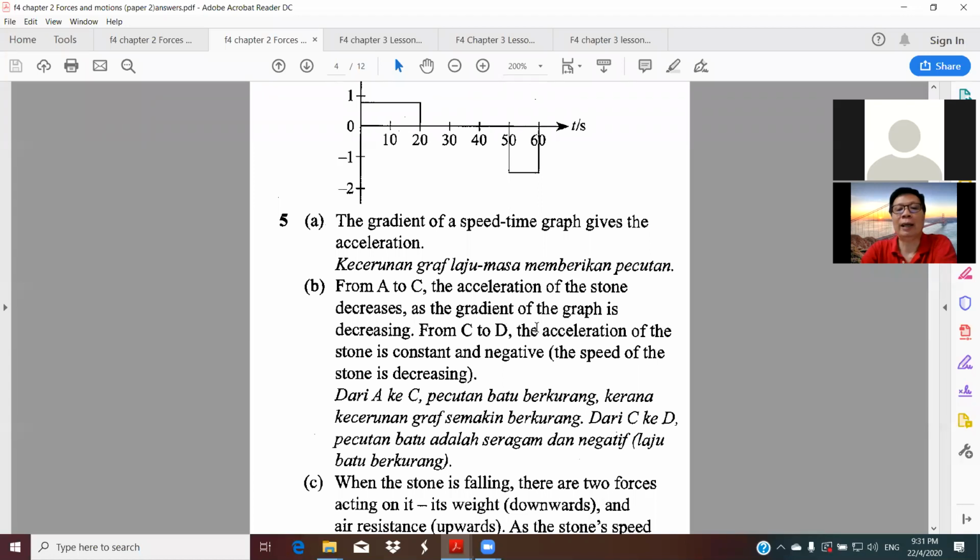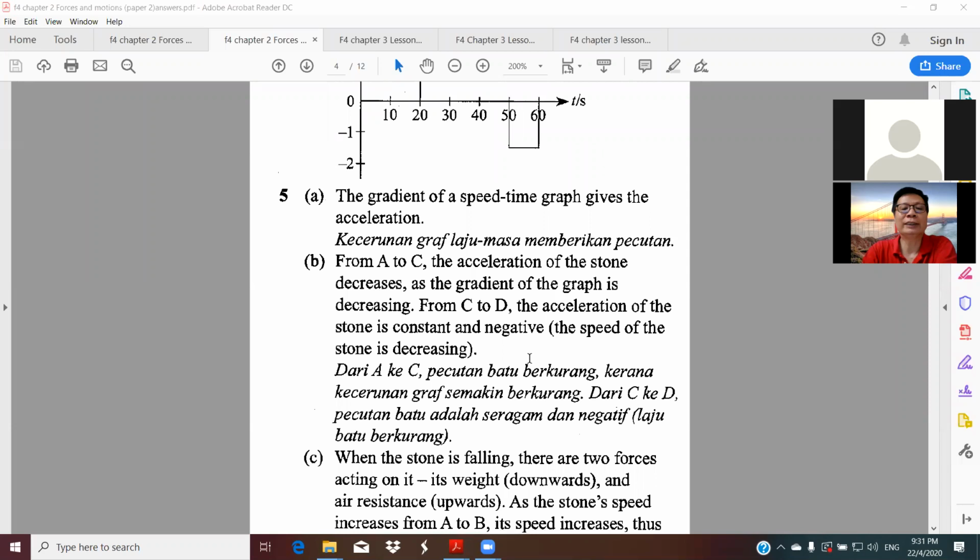C to D, the acceleration is 0. The speed or the velocity is constant, but the acceleration should be 0. And finally, the last part should be constant velocity, constant speed.